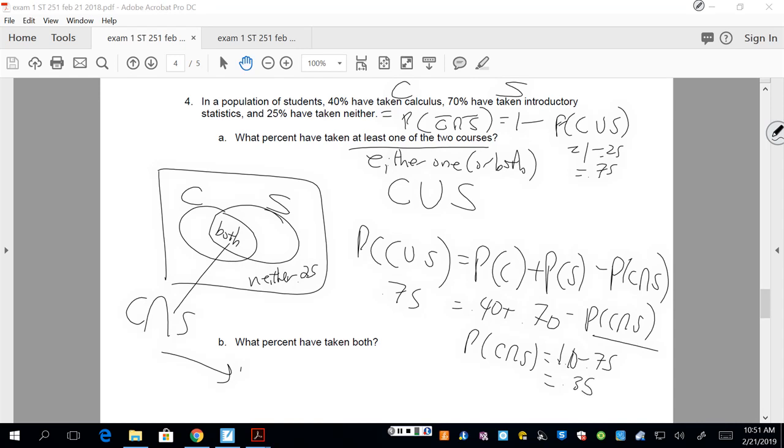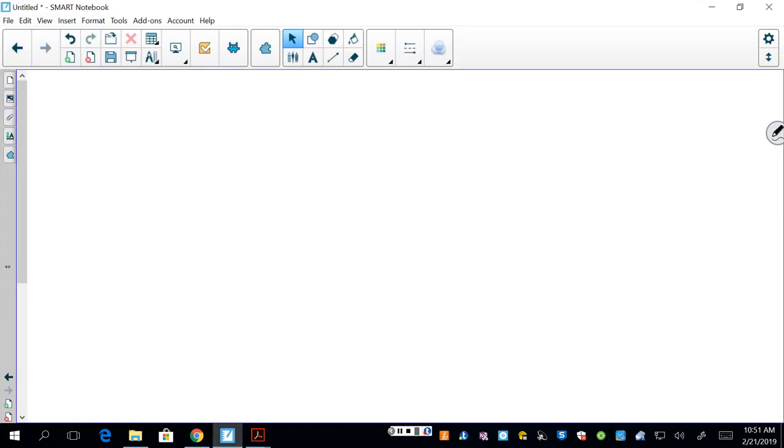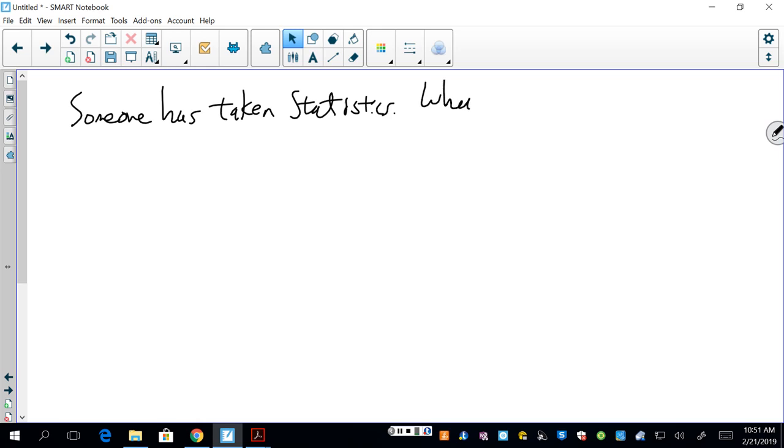Then if you ask, somebody's taken statistics, what's the chance they've also taken calculus? Right? Writing that as a conditional, so someone is taking statistics. What is the probability that the person has also taken calculus?